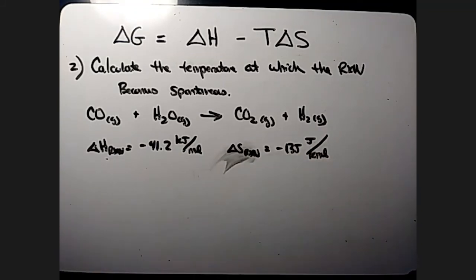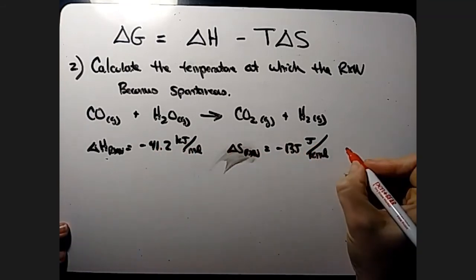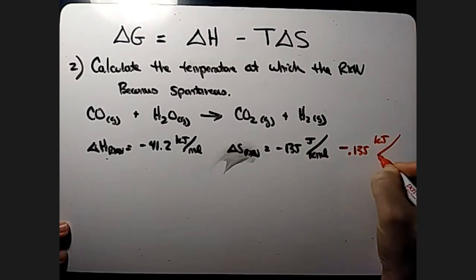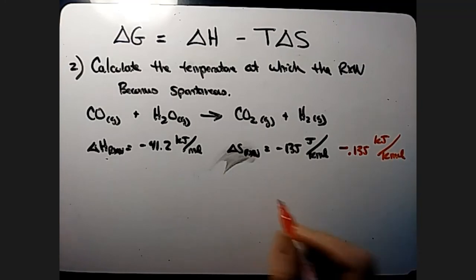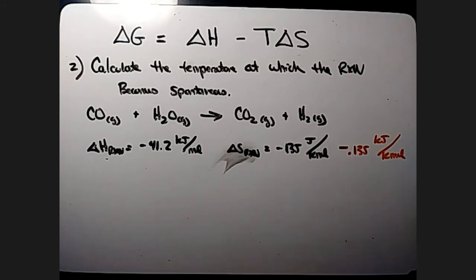And don't forget that you really still want to make sure that you're converting this number into kilojoules for unit agreement. So that's negative 0.135 kilojoules per K mole. If you're going to make any mistake, this is where it's going to be, because essentially everything else here is just plug and chug style math.